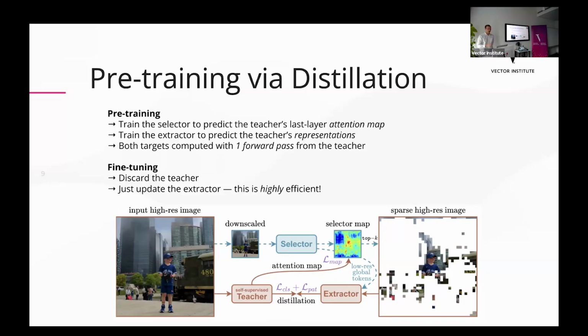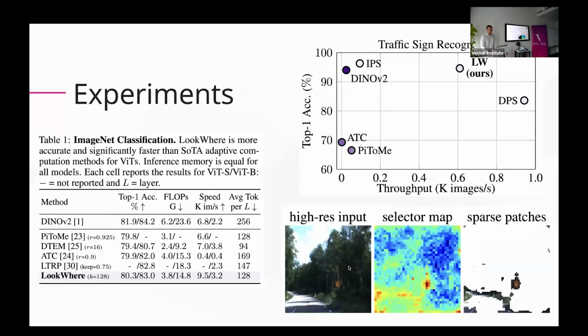So on ImageNet it's fine. But on stuff like traffic, you definitely need at least 10% of the patches to isolate this. It also depends on how good your selector is. For example, if we had a worse teacher training the selector to zoom in over here, then we need a higher K to capture the traffic sign, which is in our task.